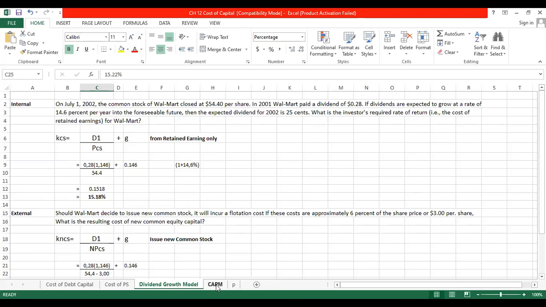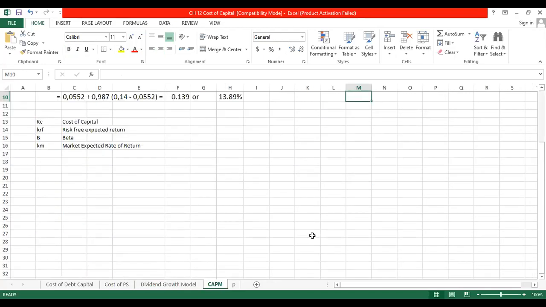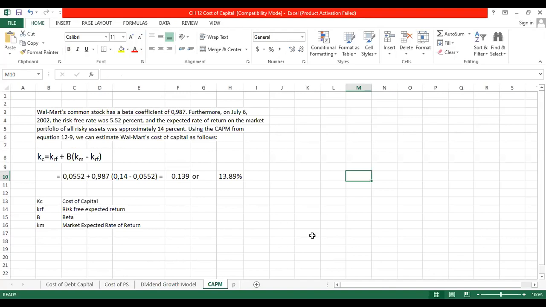And the last one is the capital asset pricing model. It's simple. In the capital asset pricing model, you just put the values into this equation. So Kc, the cost of capital, is equal to the risk-free expected return plus beta multiplied by the market expected rate of return minus the risk-free expected return.